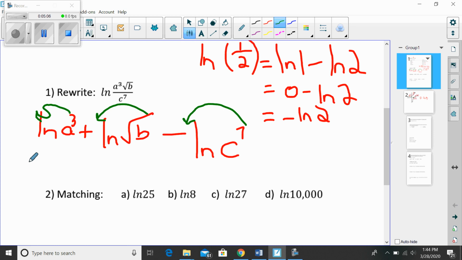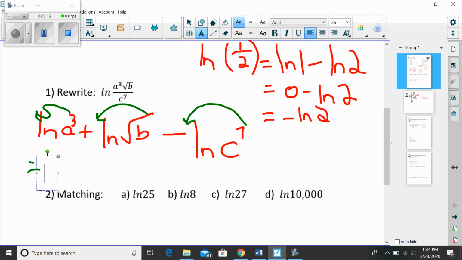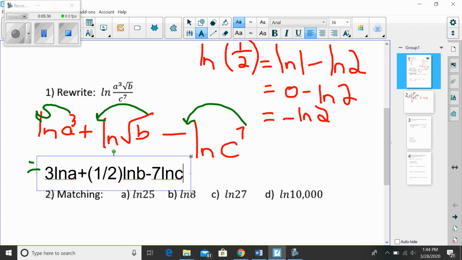So my final answer in this case is 3 natural log a plus a half natural log b minus 7 natural log c. So I wrote it out in two separate steps where I did the product and quotient rule first, and then I applied the power rule. But like I said, I hope later you can do that all in one step.